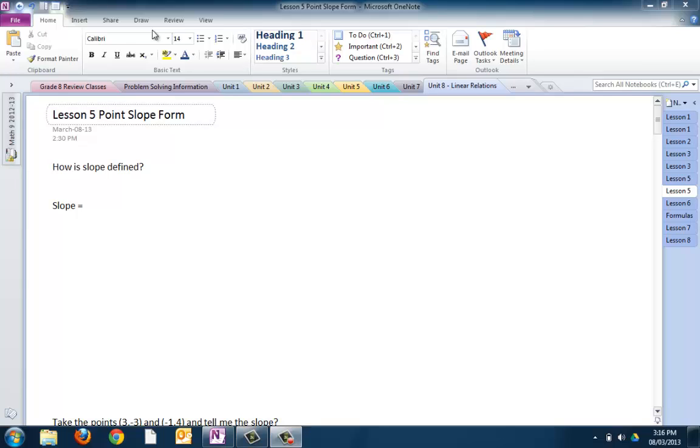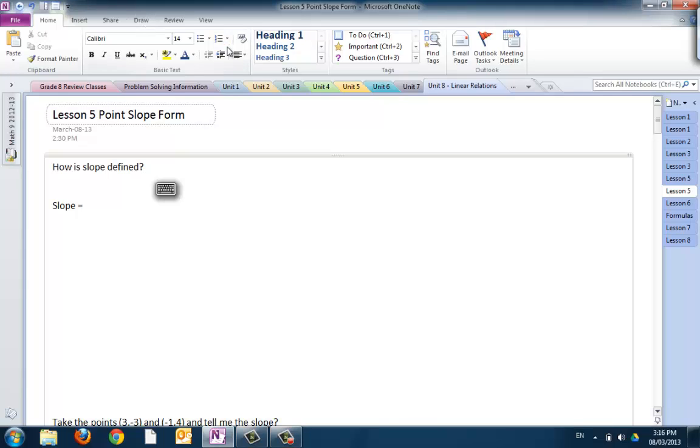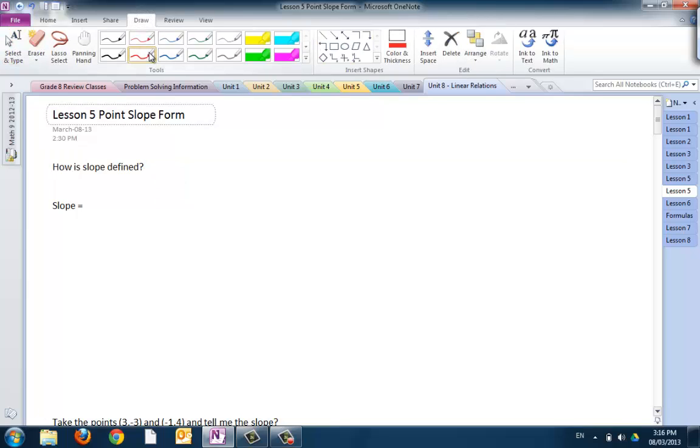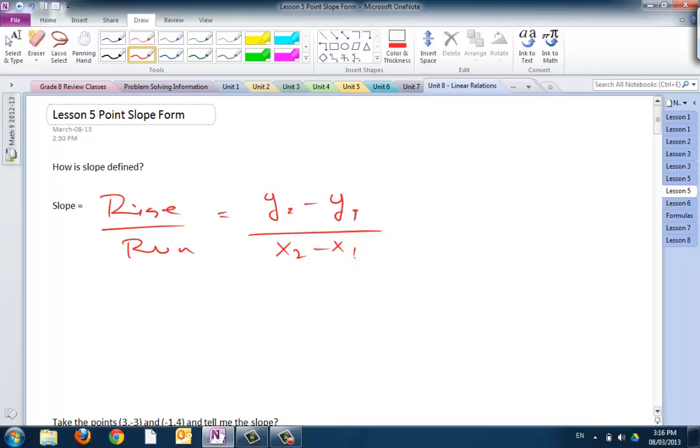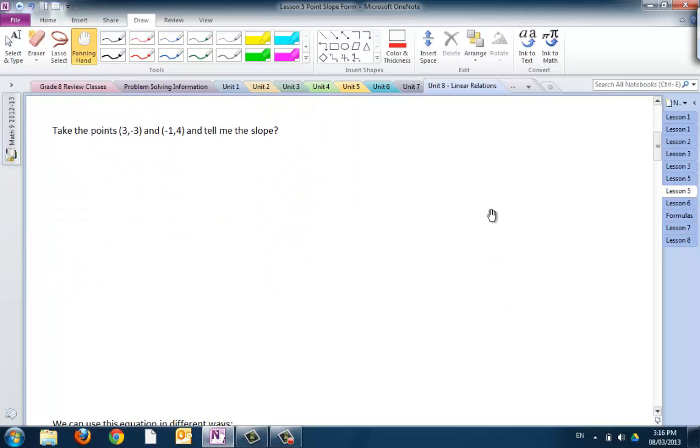So here we go. Now remember what slope is. We know that slope is rise over run, and we looked at it the other day, and we saw this little formula, y2 minus y1 over x2 minus x1. And that's what gives us our slope. We use that in a situation like this, where we have 2 points and we need to know the slope of the line in between them.